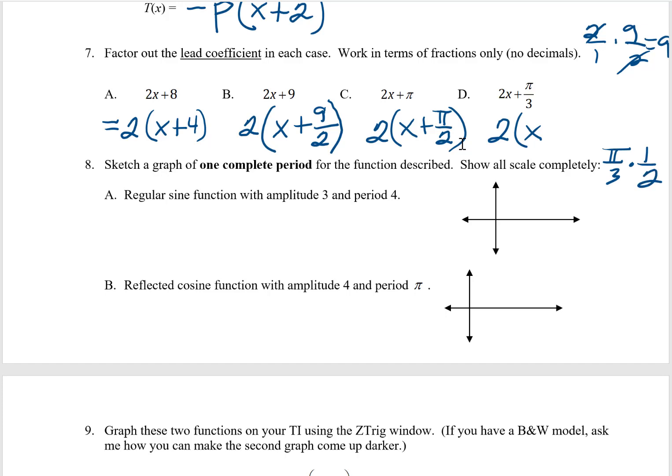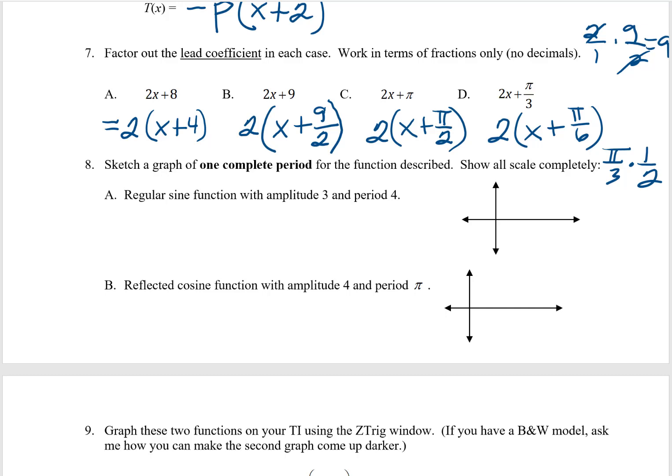That's the same thing as dividing by 2. That, of course, is going to become pi over 6. Again, you can check it by simply distributing. 2 times x, 2x. 2 times pi over 6, you can check that. You will get pi over 3. And so we're finished.